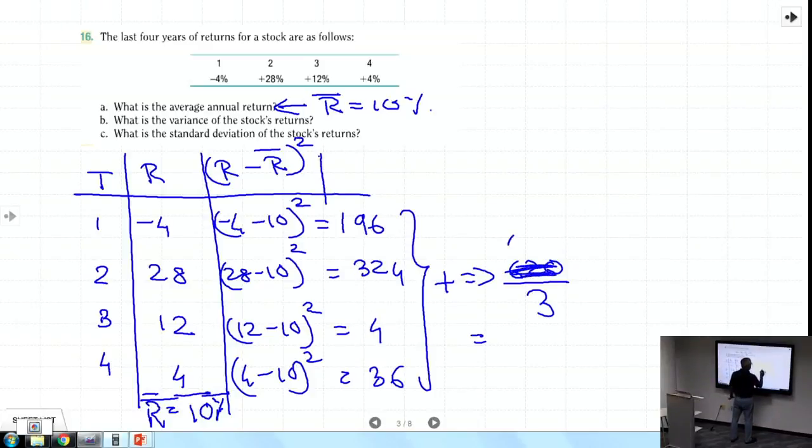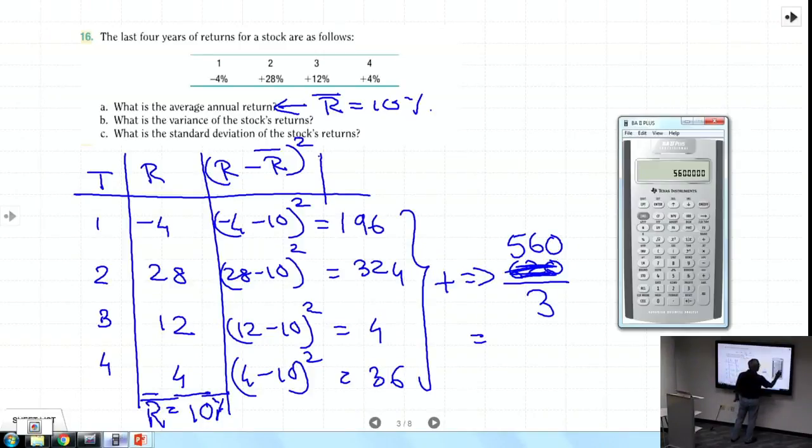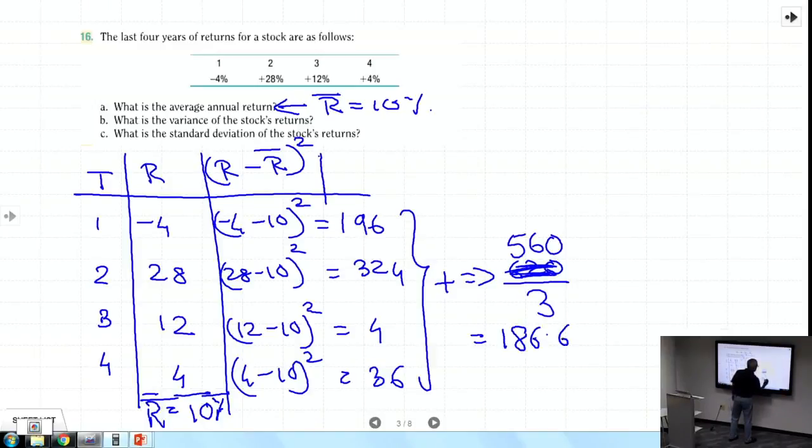So this is 560, and 560 divided by 3 is 186.67. This 186.67 is considered variance.